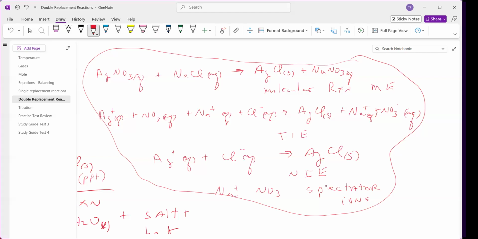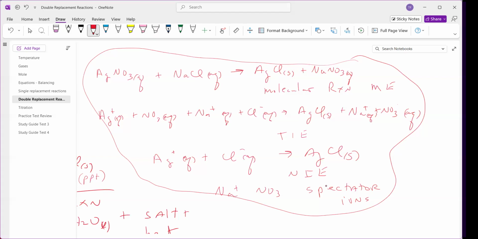On my test, there won't be a total ionic equation required. But you are responsible for the net ionic equation. In other words, did something happen? Did a solid form, the box black, and then spectator ions. And that's basically it for double replacement reactions.